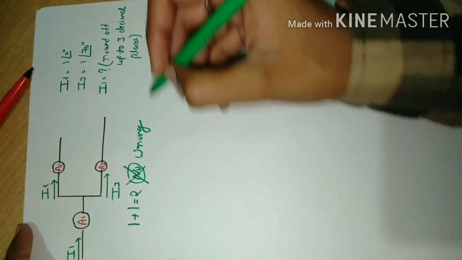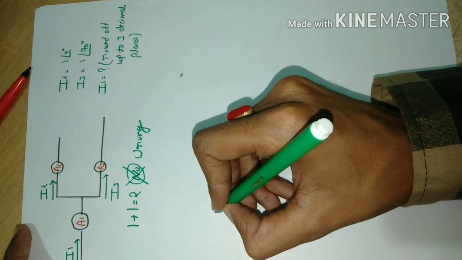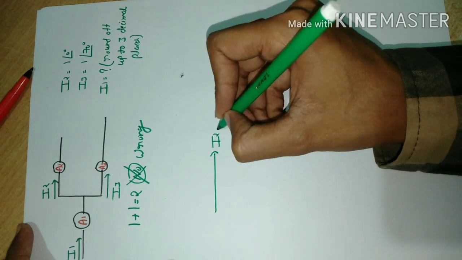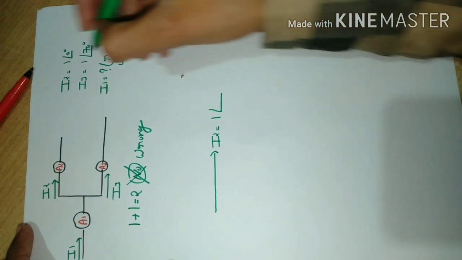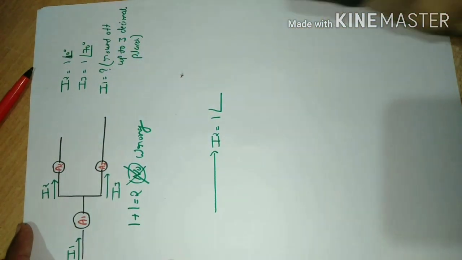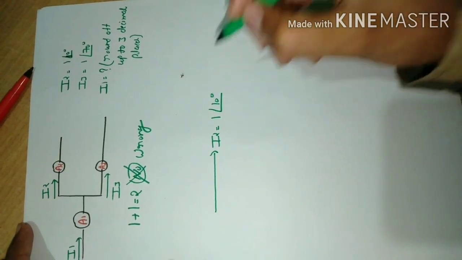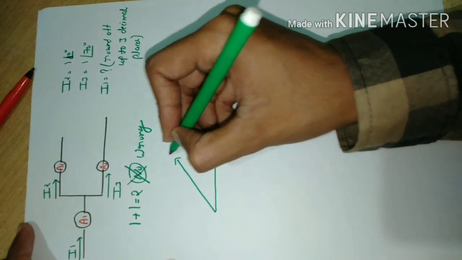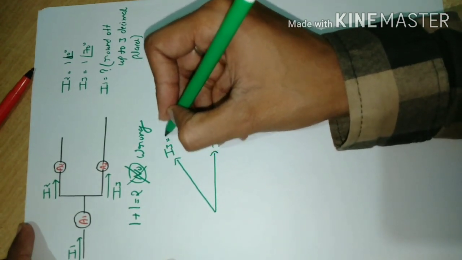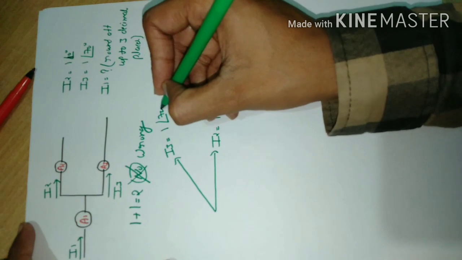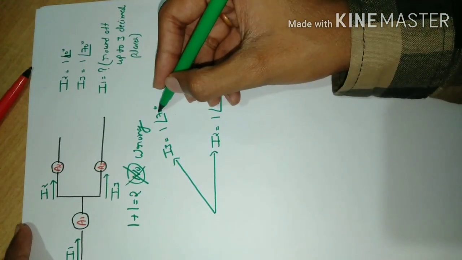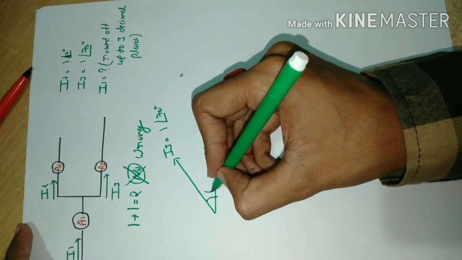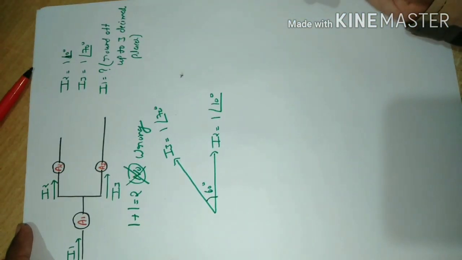Suppose I2 is taken as reference, 1 at an angle of 10 degrees, and I3 is somewhere here, 1 at an angle of 70 degrees. So 70 minus 10 is 60 degrees. The phase difference between them is 60 degrees.